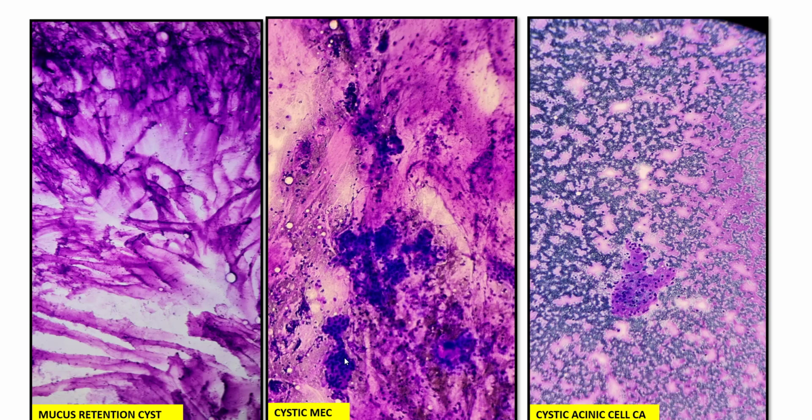These things have been discussed in detail in the first part of this lecture. The other one could be a non-mucinous tumor like a cystic acinic cell carcinoma, which can present, as I said, as a cyst.